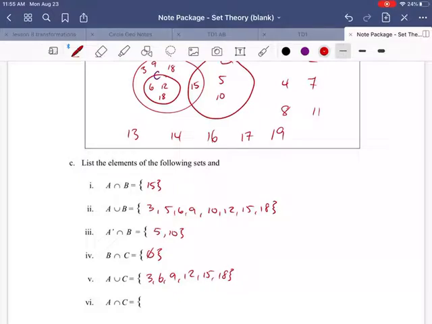And then we've got A intersecting with C, and that's 6, 12, and 18. Because it's a subset, it's just going to be that subset.